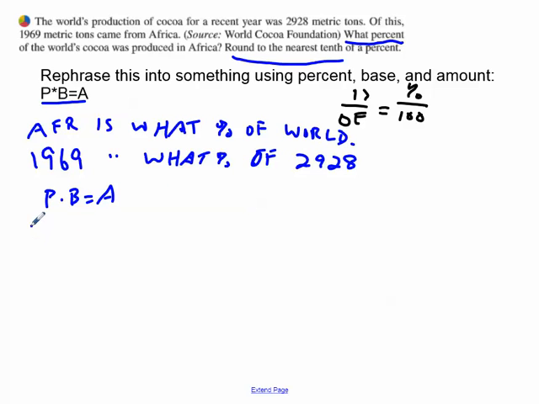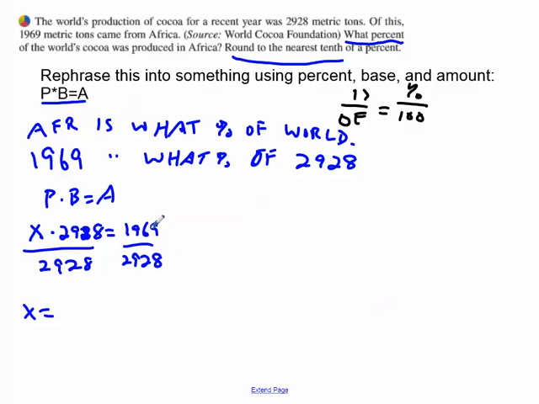So we're going to go X percent times the base of 2928 equals the amount, 1969, which is Africa. And we solve: divide by 2928. I got X equals 1969 divided by 2928.